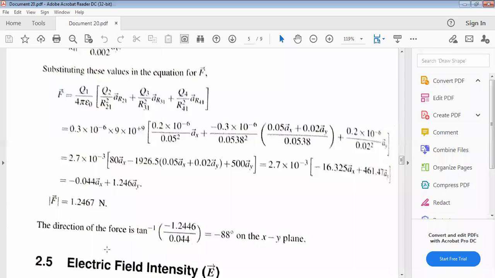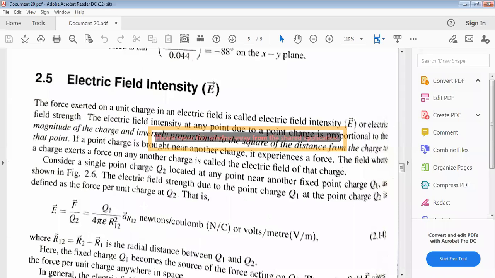So the next concept is electric field intensity.